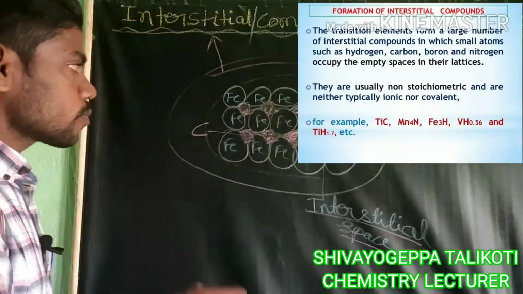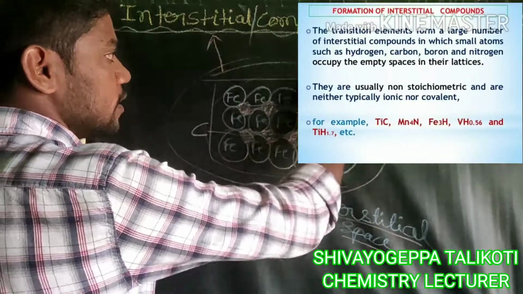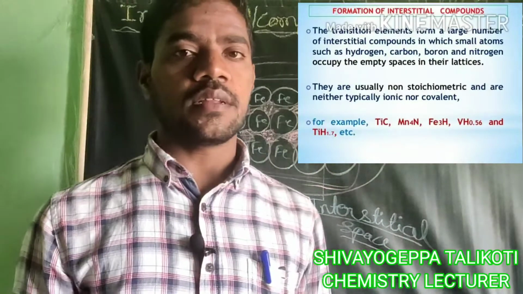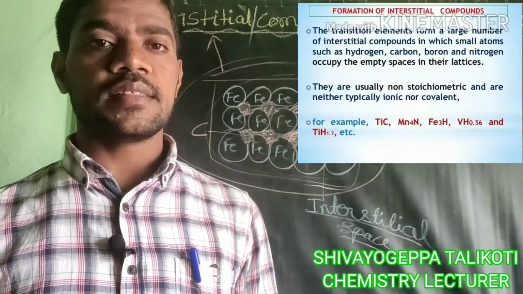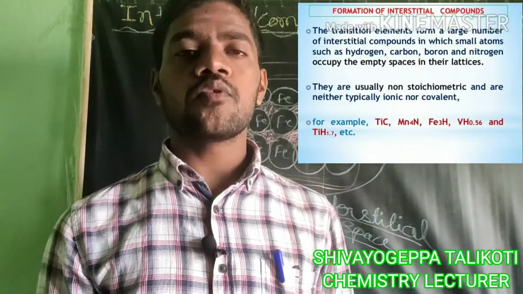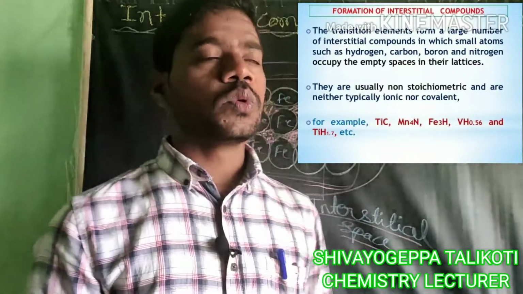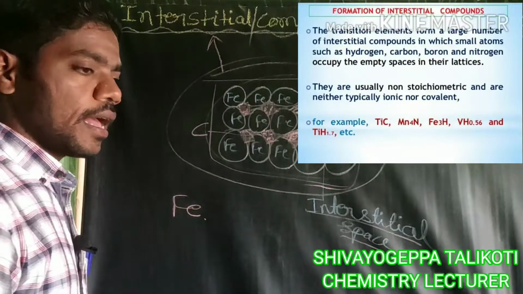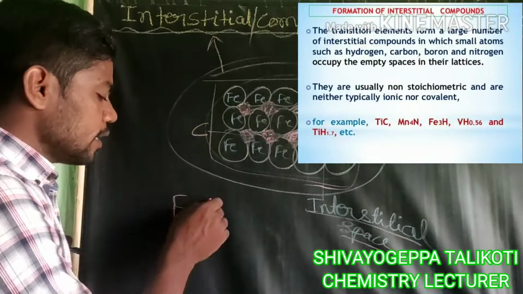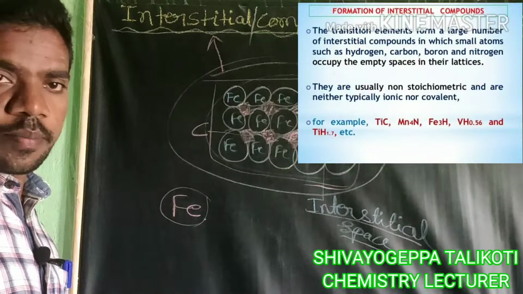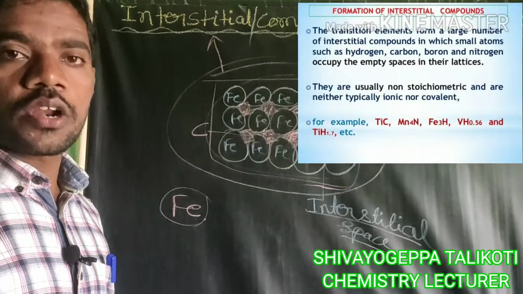Now, do you know the use of these interstitial compounds? Why do we make interstitial compounds? That is very important. For example, initially iron is there, and it shows the corrosion property.